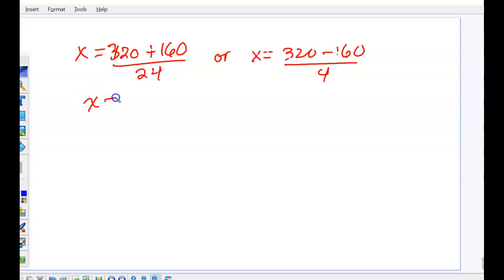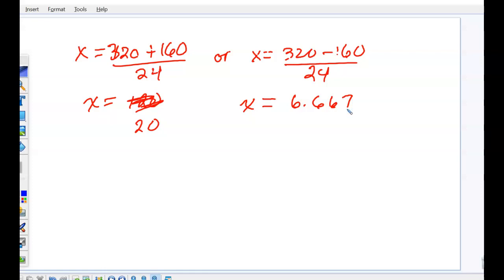So first of all, X is going to be 320 plus 160 divided by 24. This is going to be 20. And X is going to be 320 minus 160 divided by 24, which is going to equal 6.67. Okay, those are your two possible answers for X.